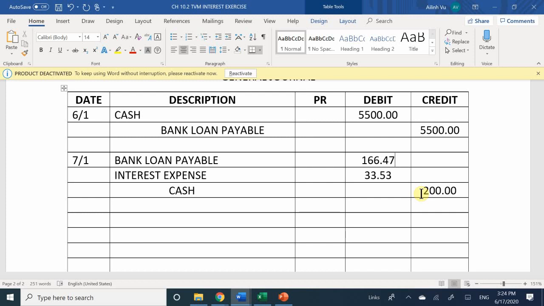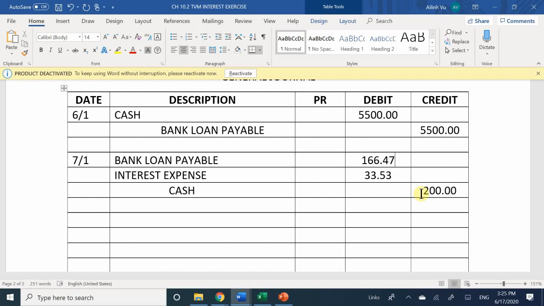So your payment of $200 includes your payment to interest, which we found out is $33.53. On top of that, you're paying your principal back lower. You're not paying the full $200 towards your actual loan.